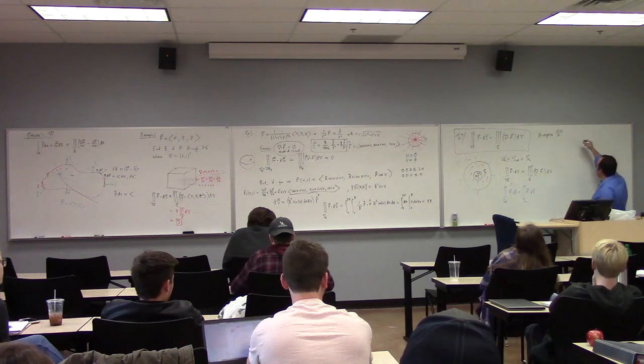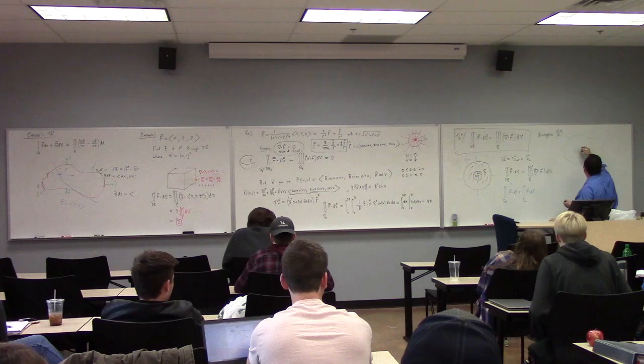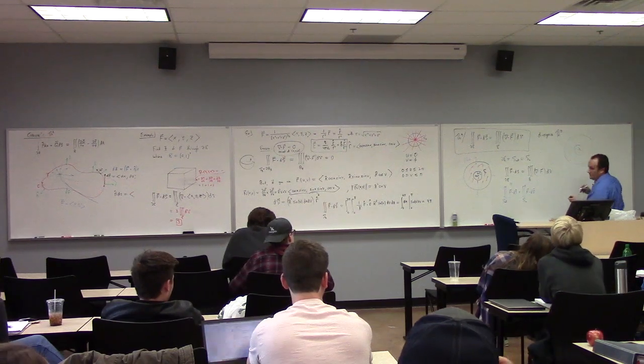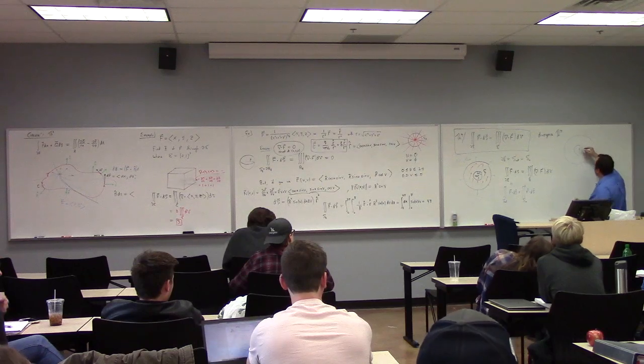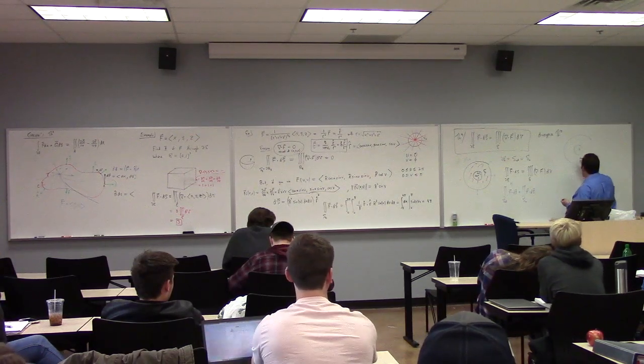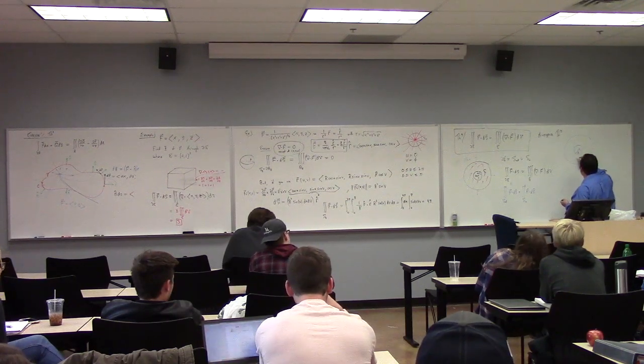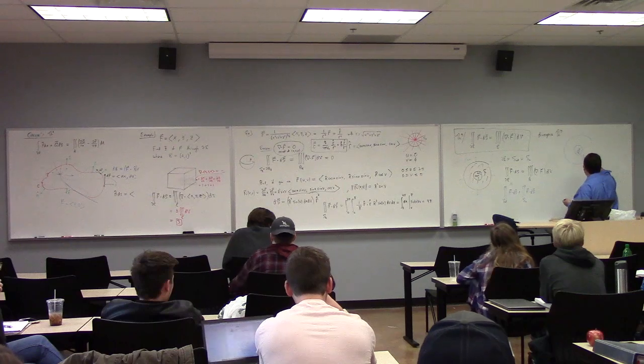So for the Coulomb field, I could look at something like this. Here's my charge Q in the middle, and let me call this R1, let me call this R2.